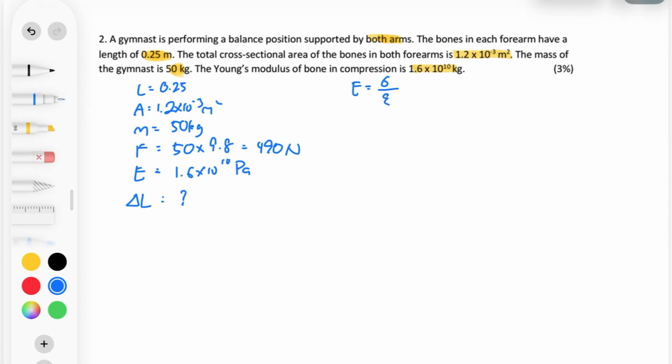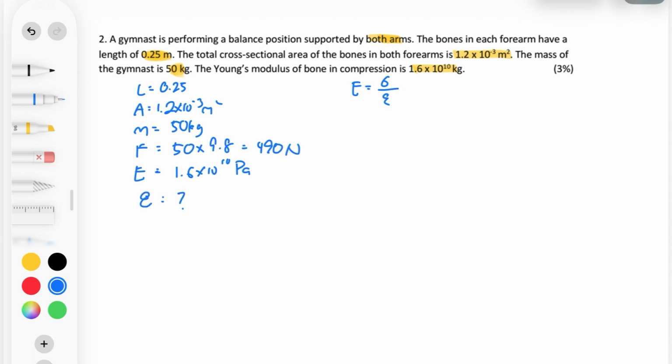First we want to find strain in order to find the change of L. But we don't have alpha, so maybe the answer should be just to find the strain, because we don't have the change of L. So strain is how many?